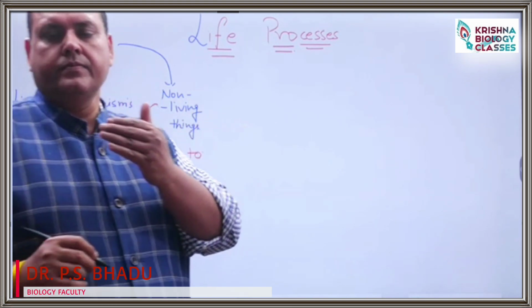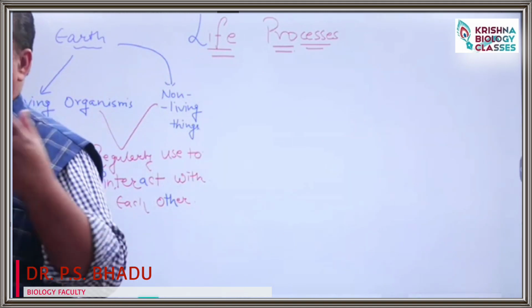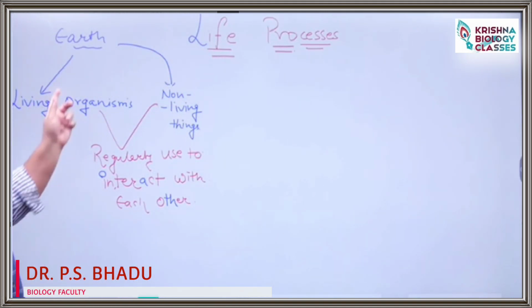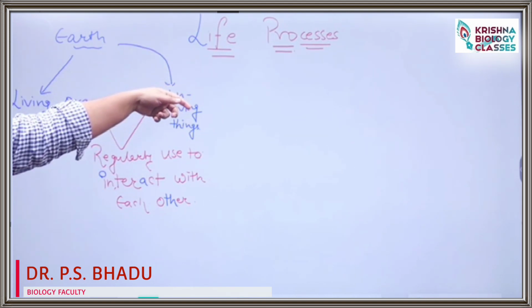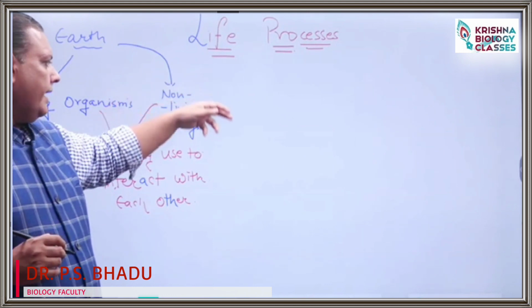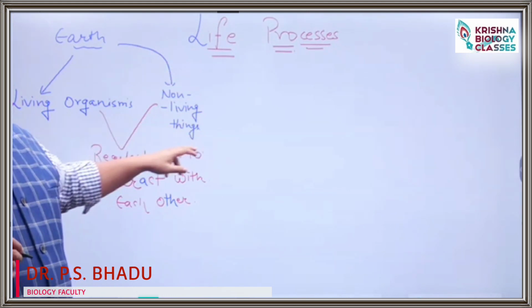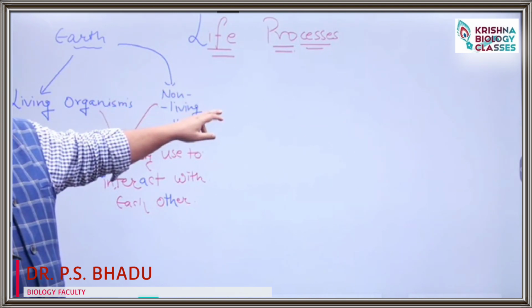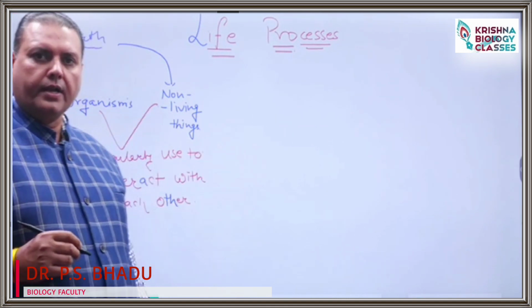Everything present in my surrounding helps to make the environment, in which air is present, water is present, and we call them non-living things, and we as living organisms regularly interact with the non-living things.